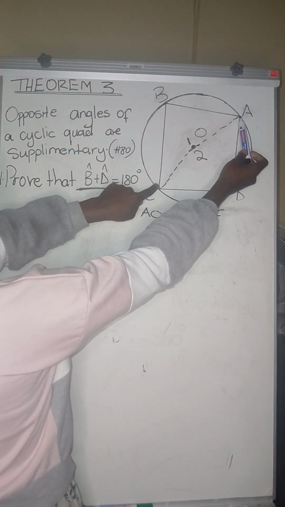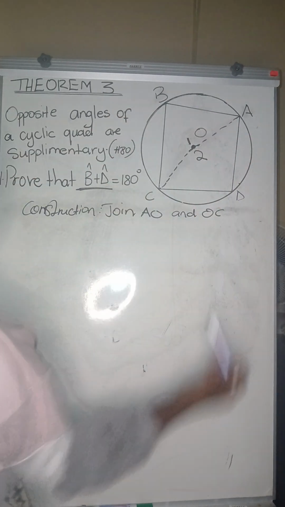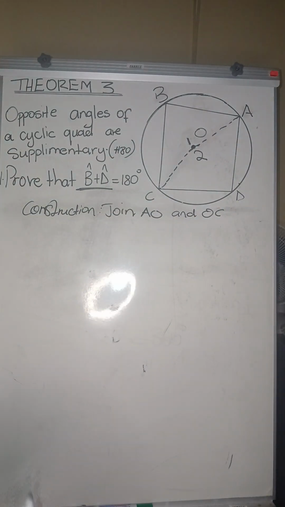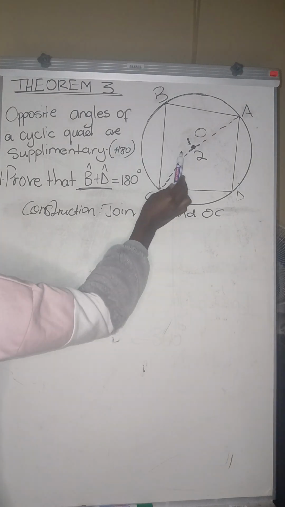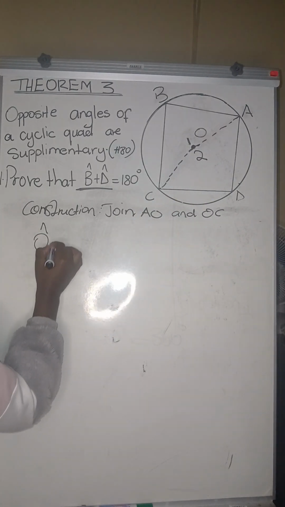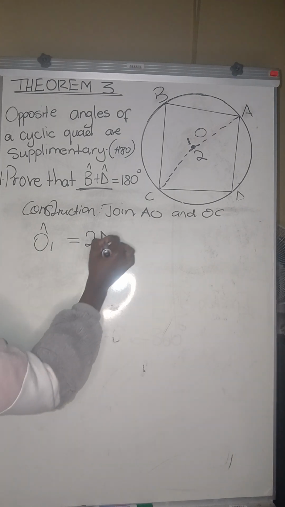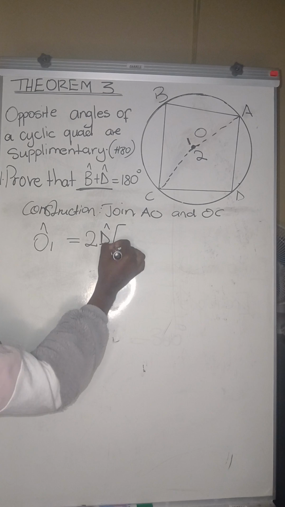Let me show you. The angle at the center is double the angle at the circumference, which means that O1 is twice D. O1 is equal to twice D. What is the reason?